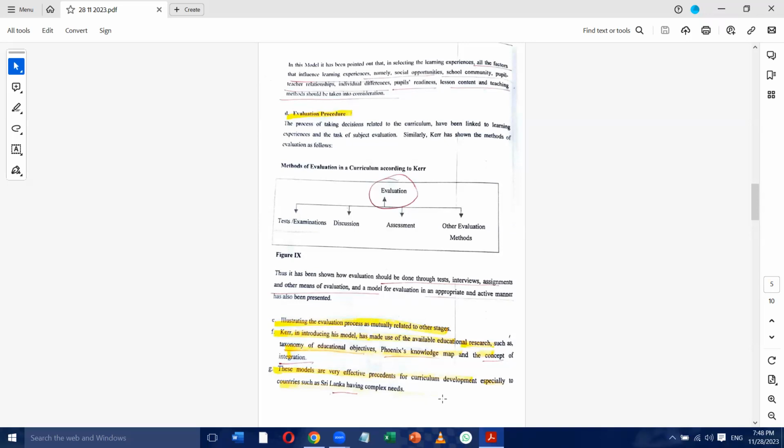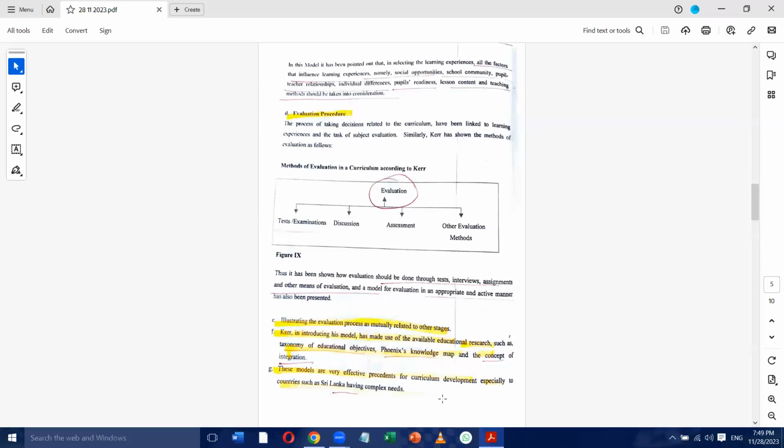The other one is illustrating the evaluation processes mutually related to other stages. And Kerr, in introducing his model, has made use of the available educational research, such as taxonomy. Yeah, again, it is coming to Bloom's taxonomy. Taxonomy of educational objectives, Phenix's knowledge map and the concept of integration. Whereas Wheeler and Taylor failed to use these things.